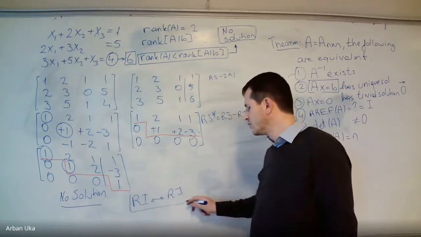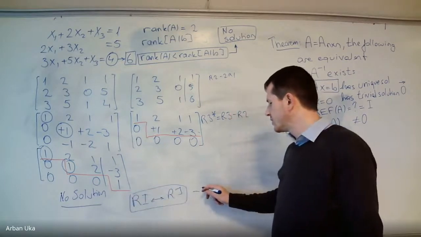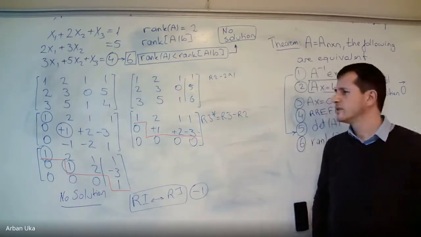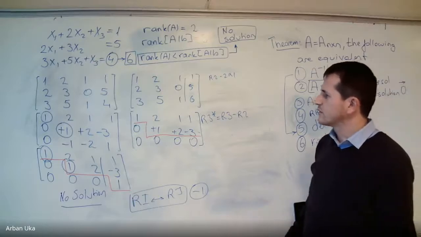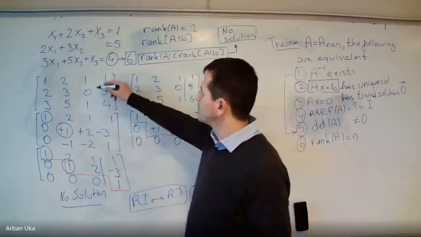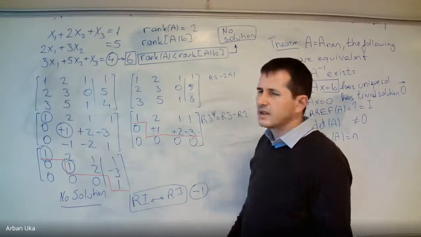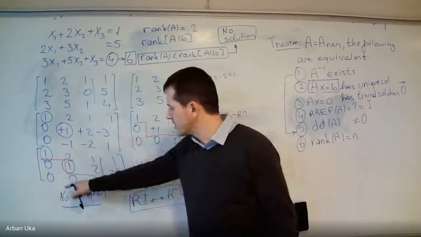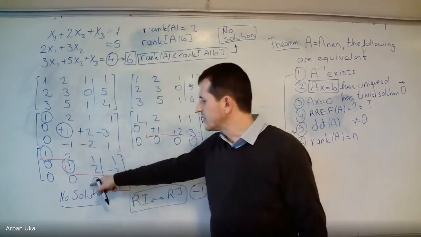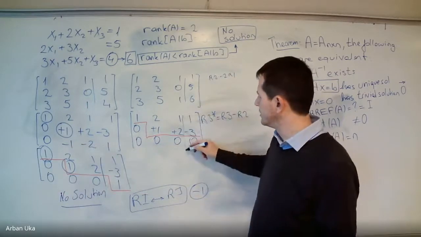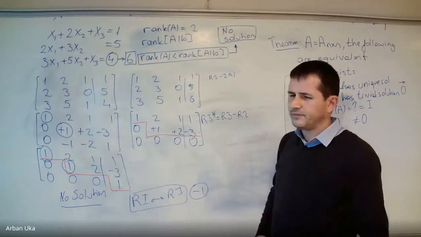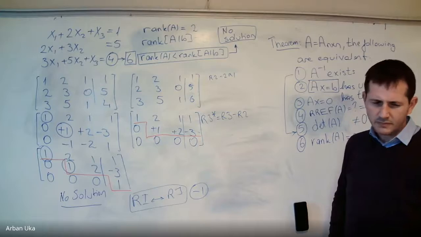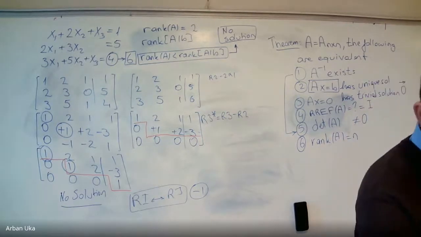If we do such an operation, the determinant is multiplied by -1. Other than that, the determinant will not change. So I can ask you the following. What is the determinant of the coefficient matrix A? That information you can also obtain from this 3 by 3 matrix. What is the determinant of this 3 by 3 matrix here? What can you say about this?